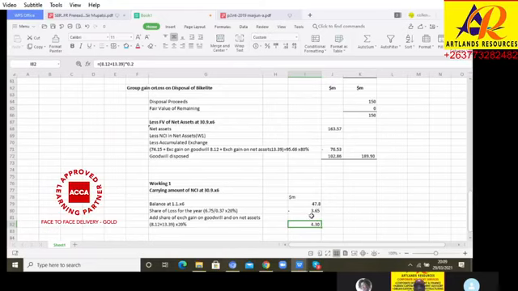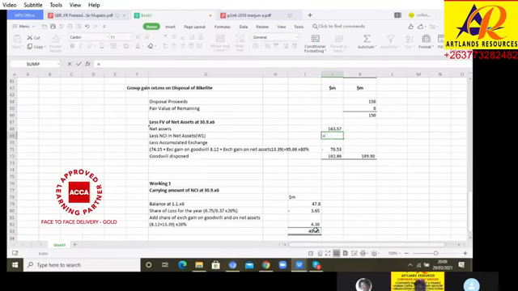And then the NCI figure that we get, because we need NCI at the date of disposal. So the carrying amount of NCI at the date of disposal becomes 48,45. So there you go. So what you are simply going to put here is equals 48,45. Oh, sorry, it's less NCI, so this one is negative.